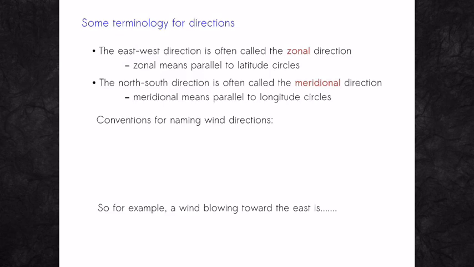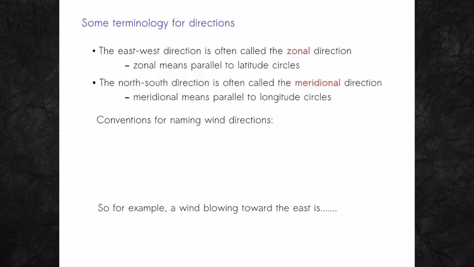This is specifically when we're talking about winds, the direction the wind is blowing. Normally, when we're describing directions, we describe the direction that we're moving in, right? If we're going towards Houston, then we're going south-southeast, basically. So we describe it in terms of the direction that we're going towards.